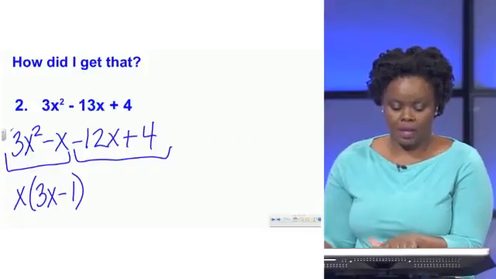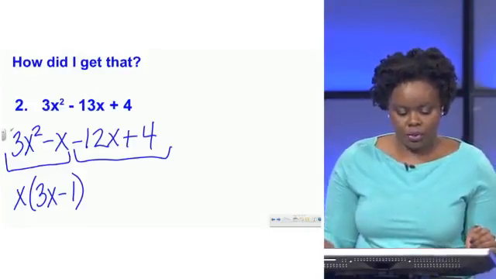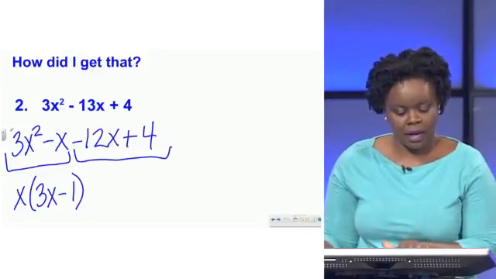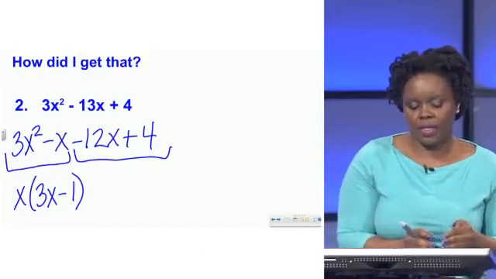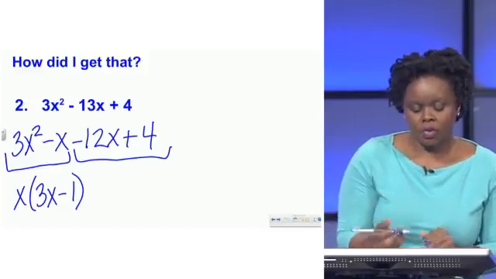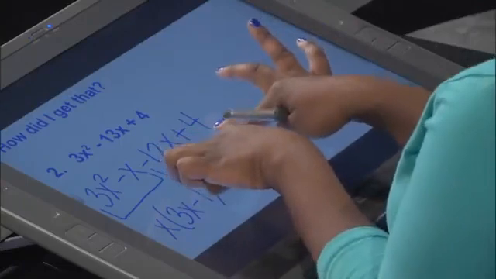Okay. So now I see I have a negative 12x and a positive 4. So I need to find out what's the greatest common factor between these two terms. Okay. Because this is negative, I'm going to go ahead and pull that out front. Okay. So I'm going to pull a negative common factor out of each of these. This is what I mean.